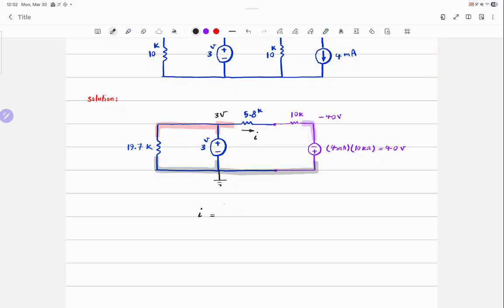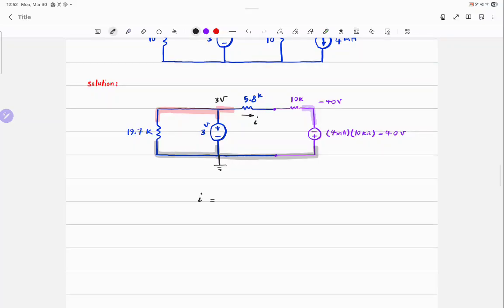Only 5.8? What is I? Now compare that with that piece of circuit. What is I?